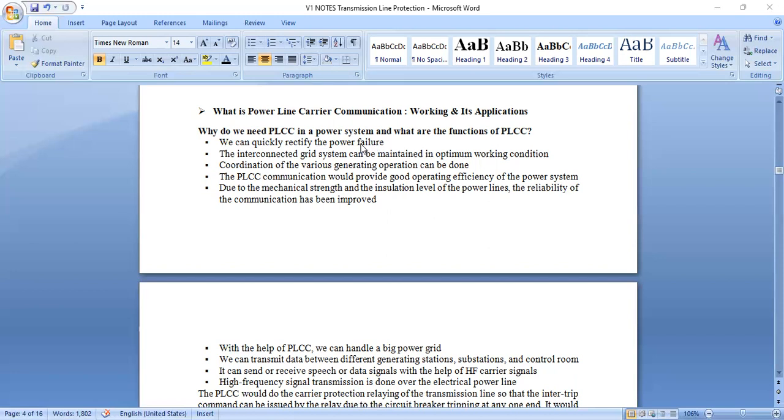Before discussing the working of PLCC: in the power transmission line, due to day-to-day working, some problems occur due to faults. There is load shedding, then transformer faults, then grounding and generating faults.